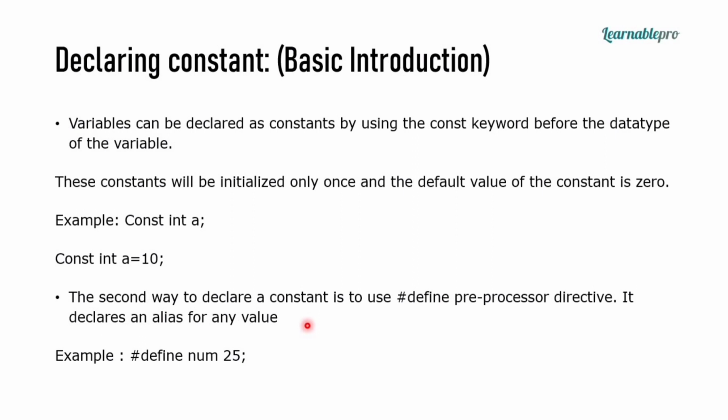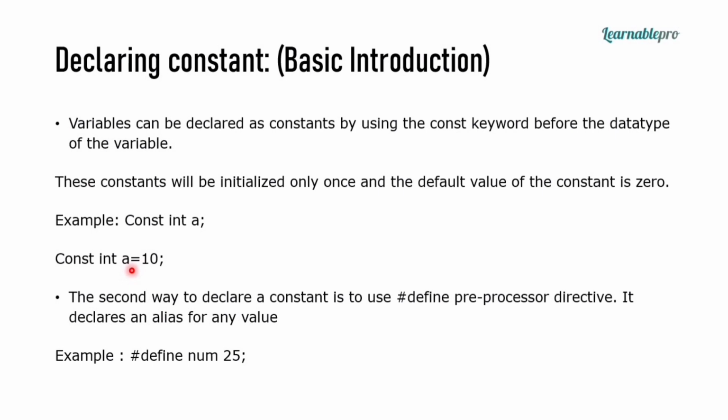These constants will be initialized only once, and the default value of the constant will be 0, and this value will be fixed and it won't be changed anywhere in the program, even while executing the program. Const int a equals 10, which means we are giving a value to constant a. So this value of 10 won't be changed anywhere in the program. So this is the first way to declare a constant.